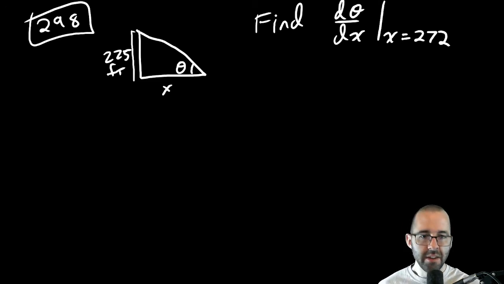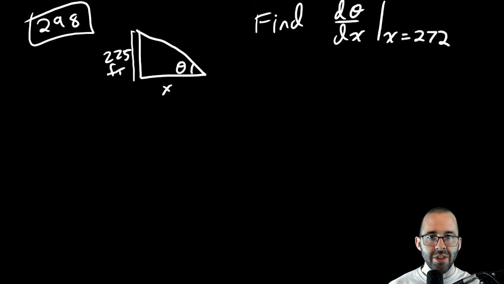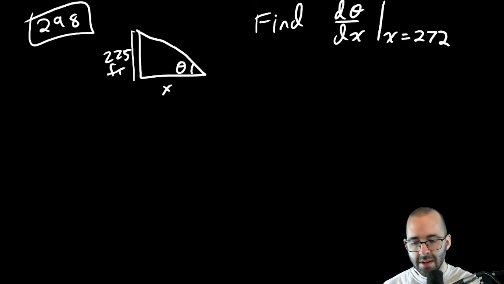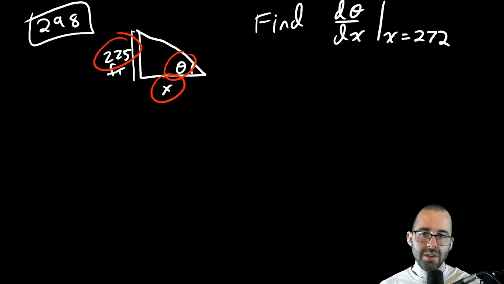So to find the derivative, we need the original thing. Once we have theta in terms of x, we can take the derivative. So what's the relationship between theta and x? How do we relate theta and x? We're also going to relate 225 with trig.